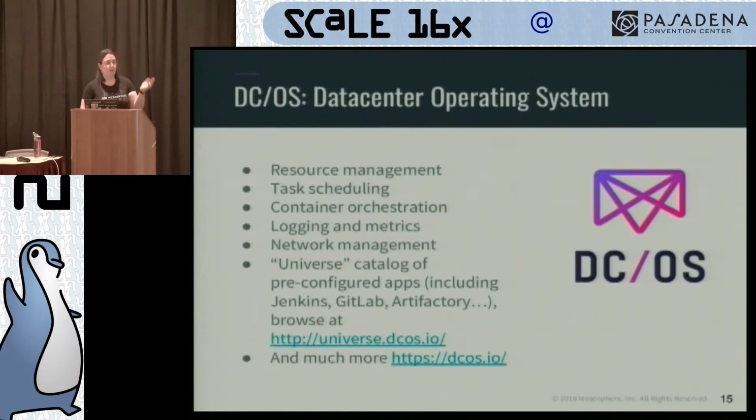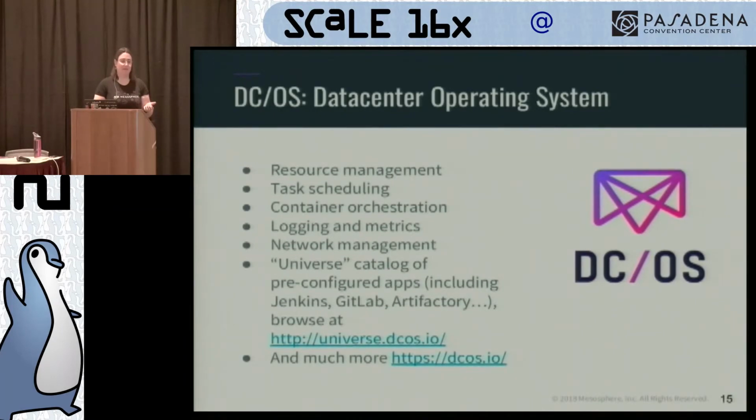So it definitely calls out, it uses Mesos on the bottom, but Mesos can be kind of a bear. It doesn't handle container networking and logging and metrics and stuff. So DCOS adds that layer on top that handles everything you need for your orchestration. And making sure your containers can talk to each other, because container networking is kind of terrifying.